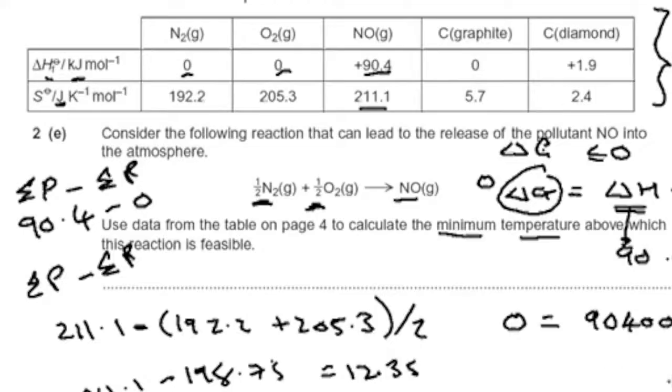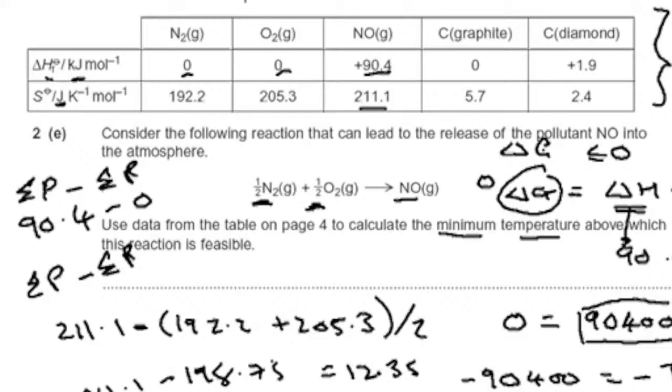Now, what I'm going to do is rearrange this to find T, and I'm not going to do it as an A-level maths student. I'm going to pretend that I've already done GCSE maths. So this is plus positive 90,400. I'm going to move that to the side. So that'll give me minus 90,400 is equal to minus T times 12.35.